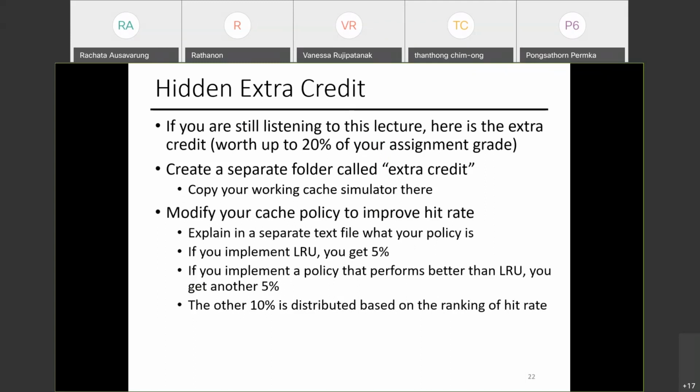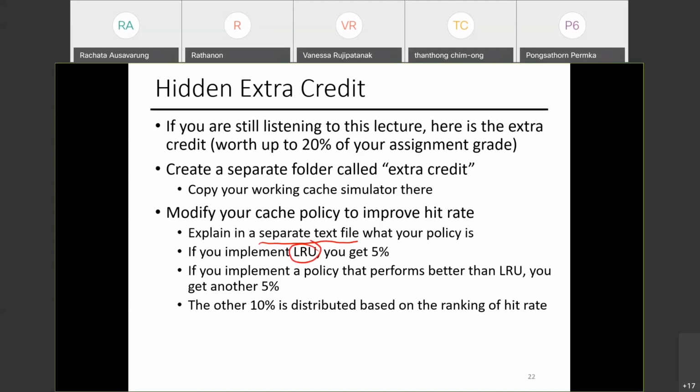Basically, any cache policy, instead of using FIFO, first in, first out, be creative and come up with your own policy. Make sure you write what you're doing in a separate text file, just so that I understand this is the policy that you designed. If you implement something like an LRU, you get 5%.